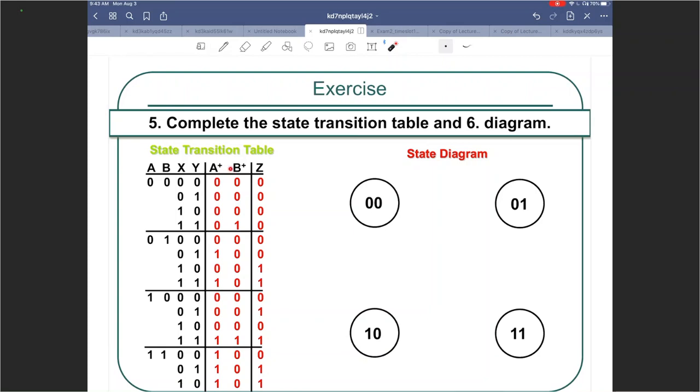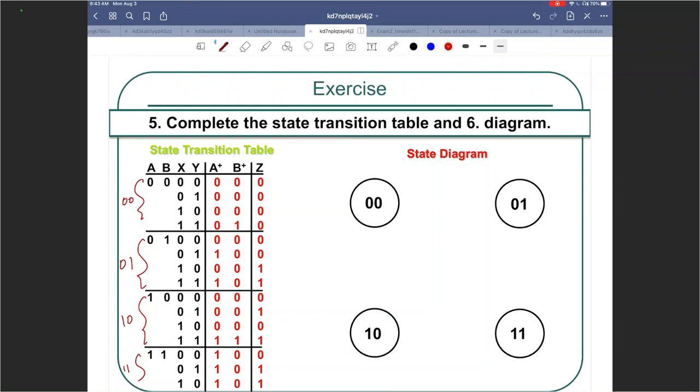Once you have the equations for A plus, B plus, and Z, you will use these particular input cases to fill out this table. Then you can say this guy is state 0, 0, state 0, 1, state 1, 0, state 1, 1. Then you start drawing the state diagram. Now we can start drawing it, at least a few right away.